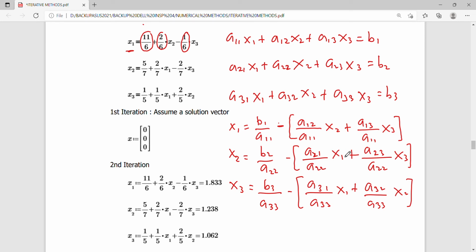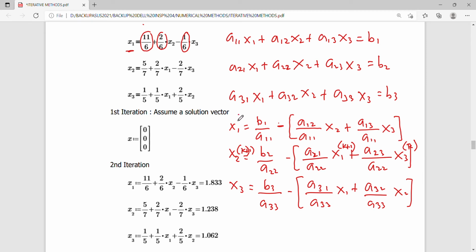So this is actually in terms of a k plus 1 iterate, if this is your k iterate, and this is your k iterate here. The new value of x1 here is a k plus 1 iterate.